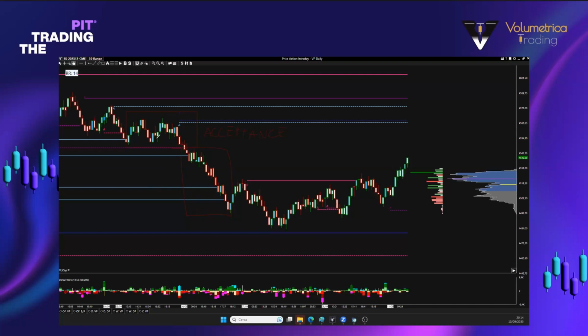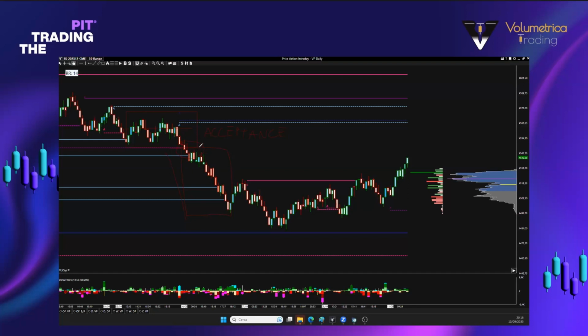Here, within the area of congestion, of range, buyers and sellers were roughly balancing each other. Eventually, sellers have won. So they were able to drive the market away from this area, building a very nice move to the downside here. Okay, cool.